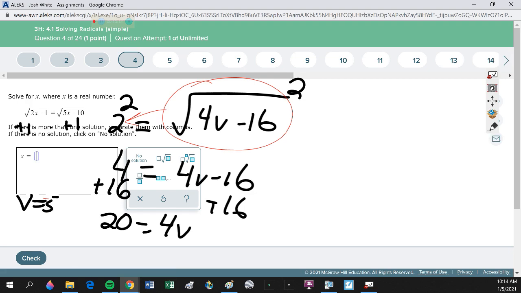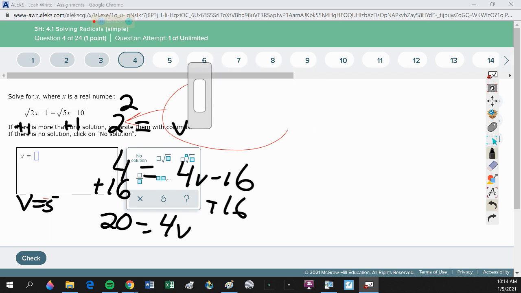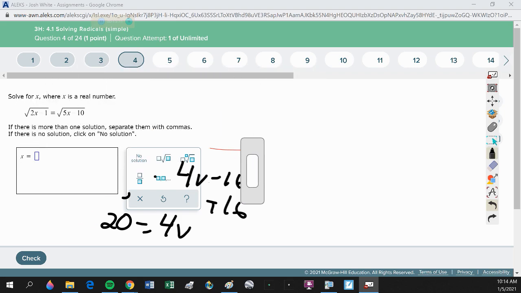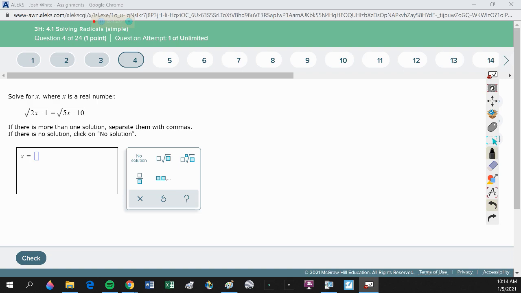Okay. This one looks a little bit more complicated, but it turns out it's easier. I have square roots on both sides. What should I do? Just square both of them. And I get 2x minus 1 equals 5x minus 10. Now what should I do? Subtract 2x.